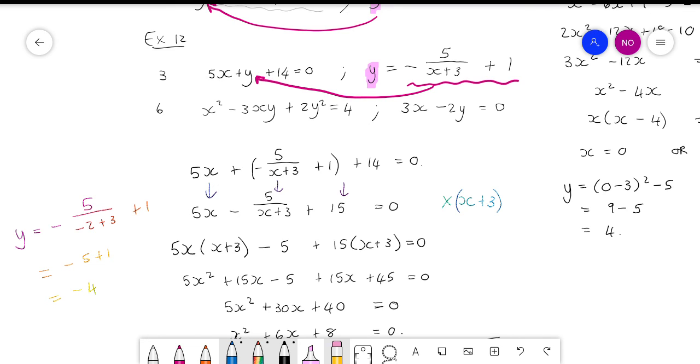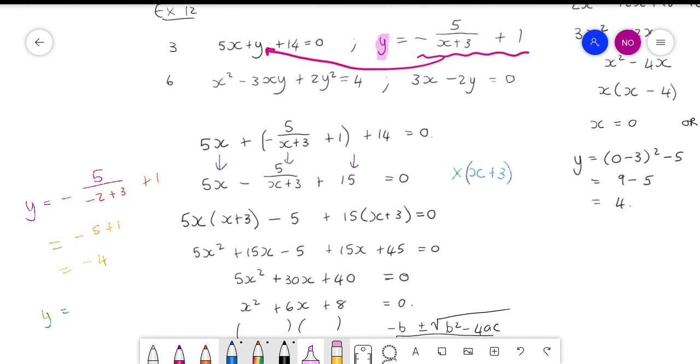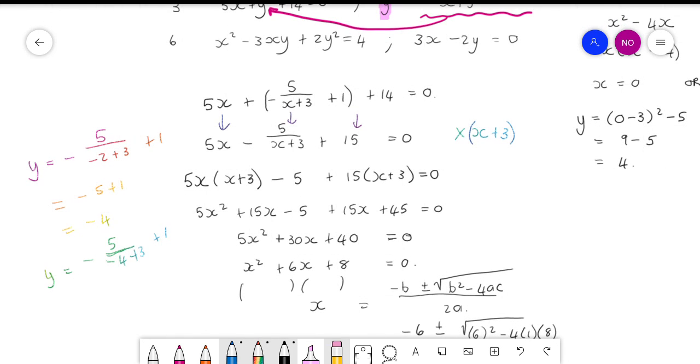I don't know why I'm doing it with a glitter pen, but it is. And your other answer, jou ander antwoord gaan 'n breuk wees, dink ek. Minus 4. Wanneer? So that one is 5 plus 1. So it's 6.